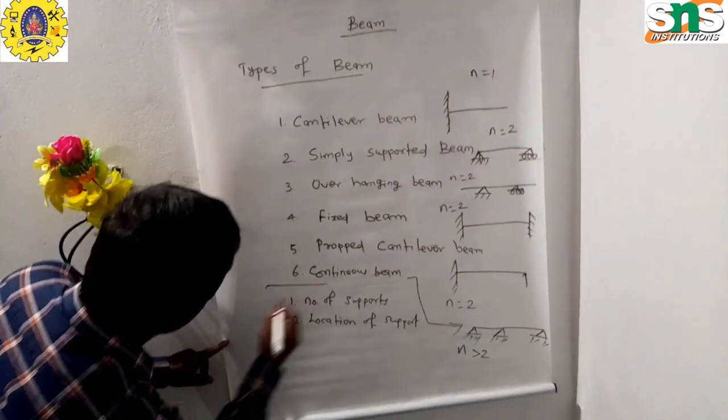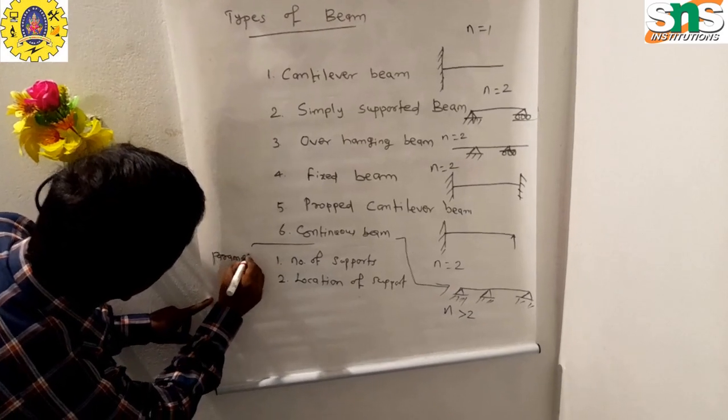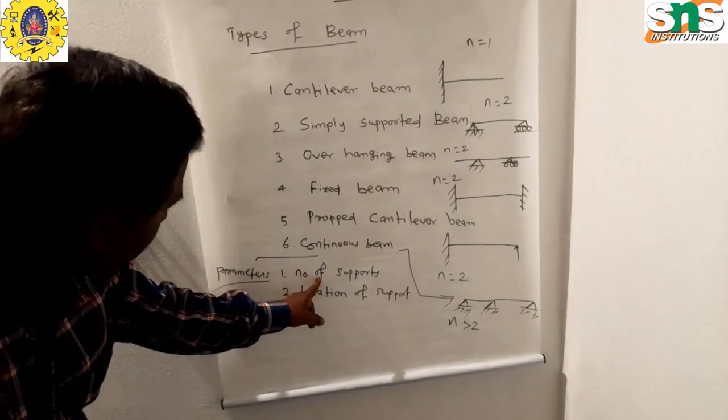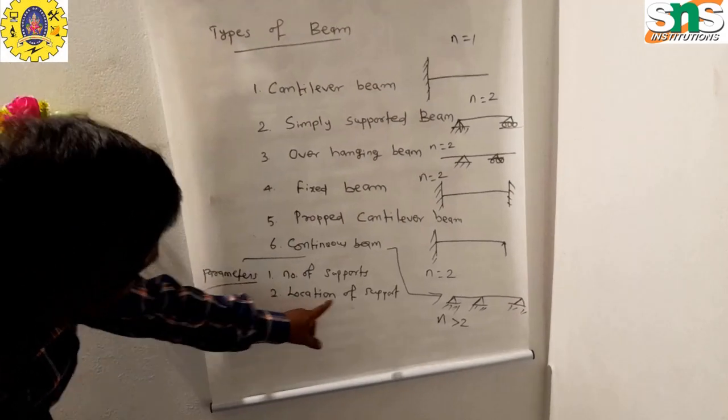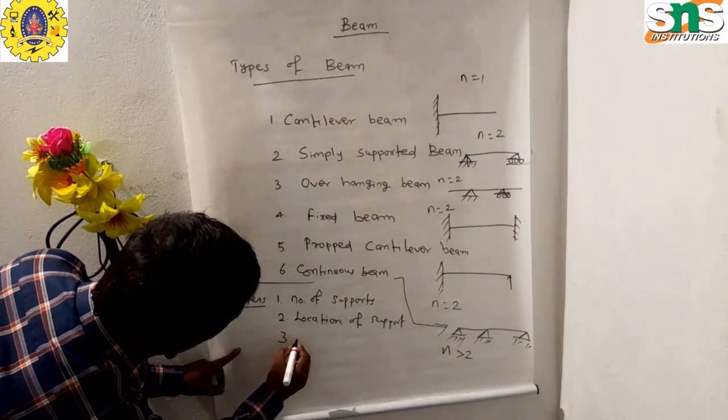So these are the parameters I told you for how beams are classified. One is number of supports, another is location of supports, and one more thing, type of support.